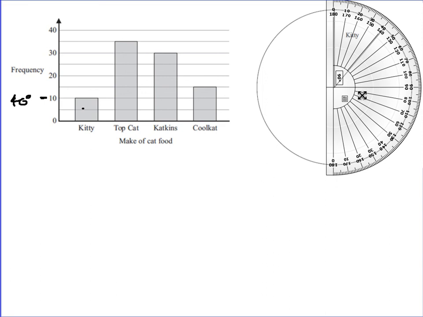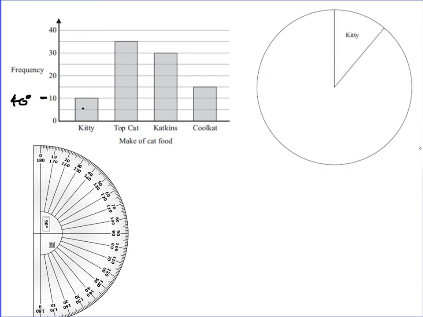So you now know that 40 degrees stands for 10. So the following question is, what do the others stand for? Well, if this is 20, 30, 35, then it's going to be 3.5 times bigger than what 40 was. So if you put that into a calculator, you get 140 there. So that's 140 degrees. This is 3 times bigger, so that's 120 degrees.